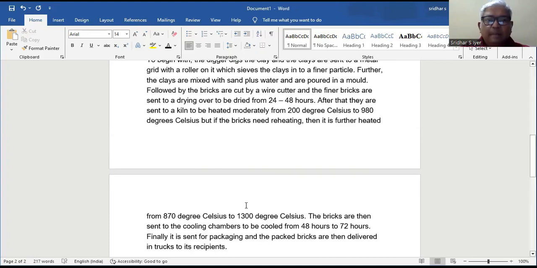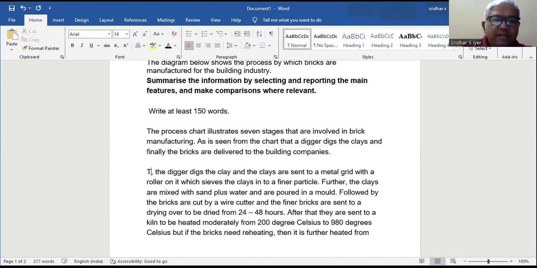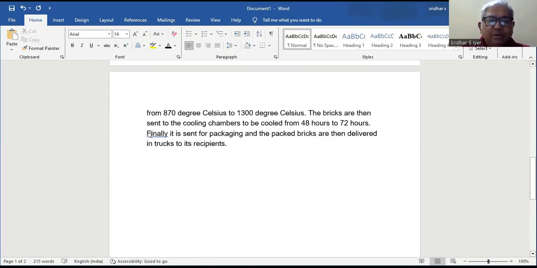All right. So we can say overall and finally to conclude. Overall, the digger digs the clay. Let's do the proofreading now.